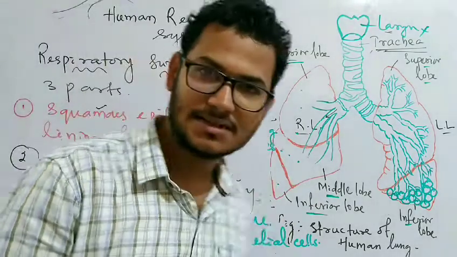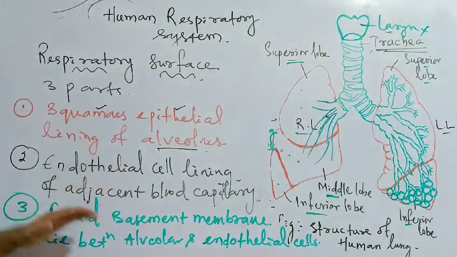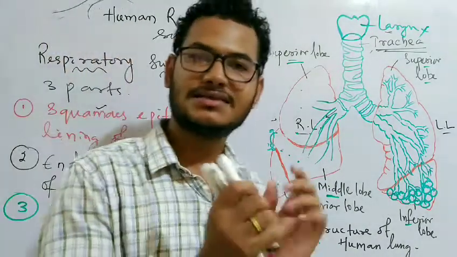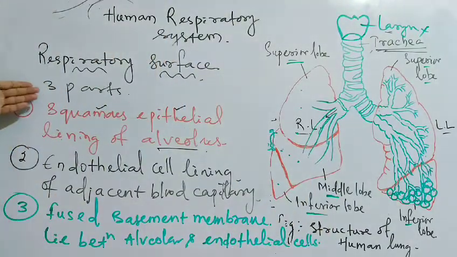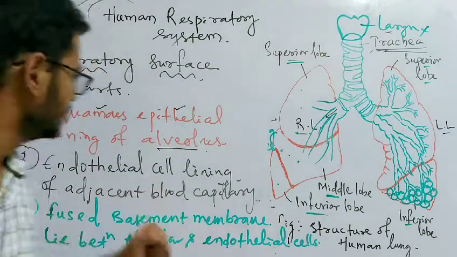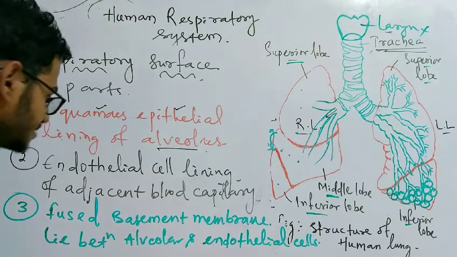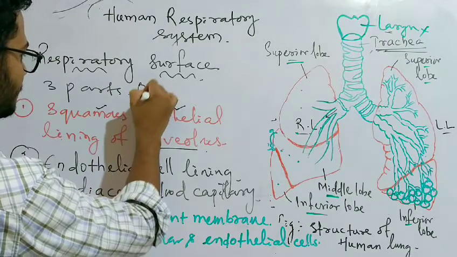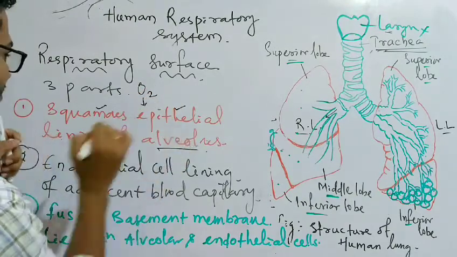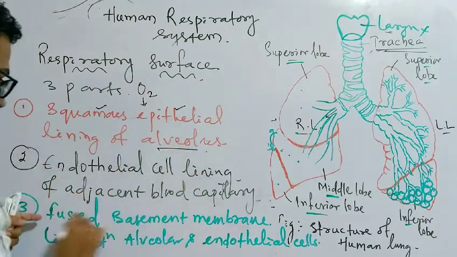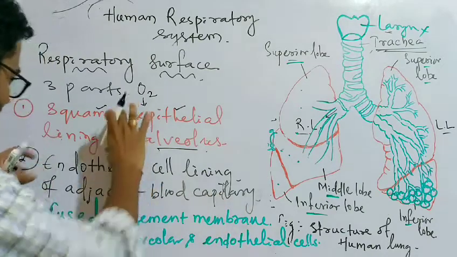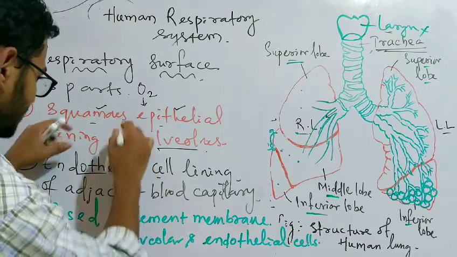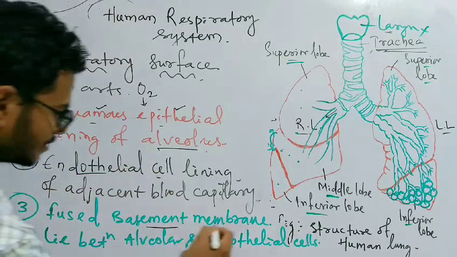Through these three layers, or boundaries, the air diffuses. The oxygen will first diffuse through the squamous epithelial lining of the alveolus. Between the squamous epithelial cells and the endothelial cells, the basement membrane is there.